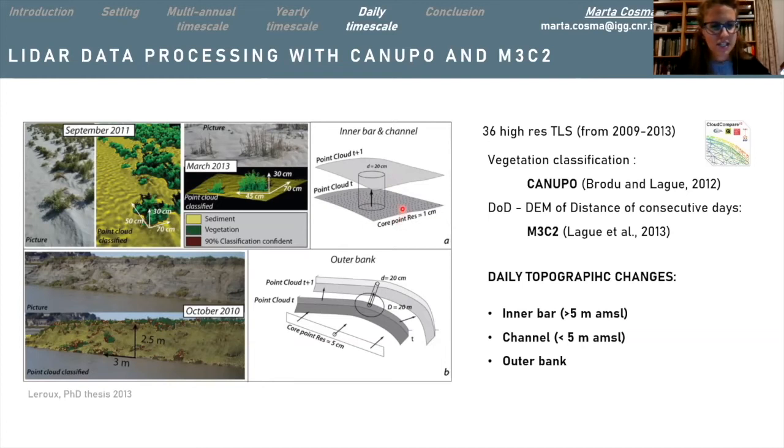So he analyzed the vertical accretion in the inner bar and in the channel, whereas in the outer bank, of course, it is more important to look at the lateral variation in the position of the outer bank, with a maximum displacement of 20 meters.